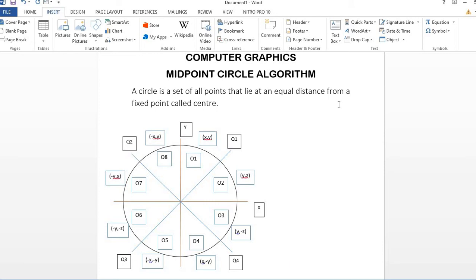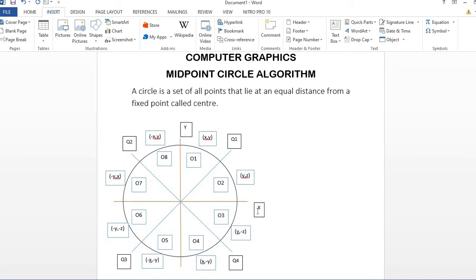So a circle is a symmetric figure. You may have a question: what do you mean by symmetric figure? In a circle, we have two types of symmetry. One is four-way symmetry and the second is eight-way symmetry. First of all, we start with four-way symmetry. In four-way symmetry, we have a horizontal and a vertical line.